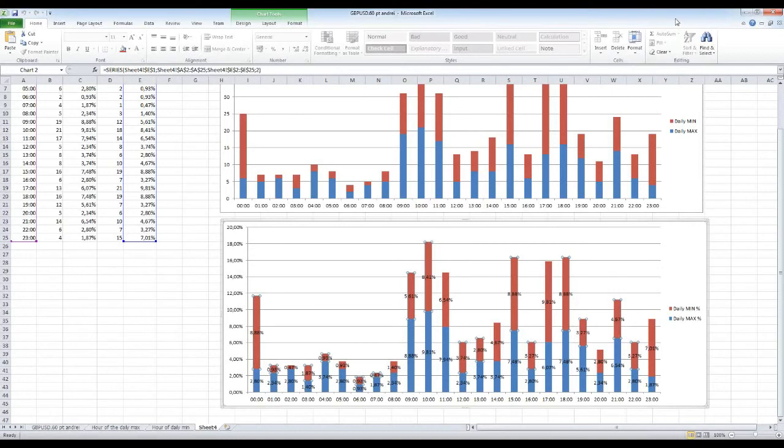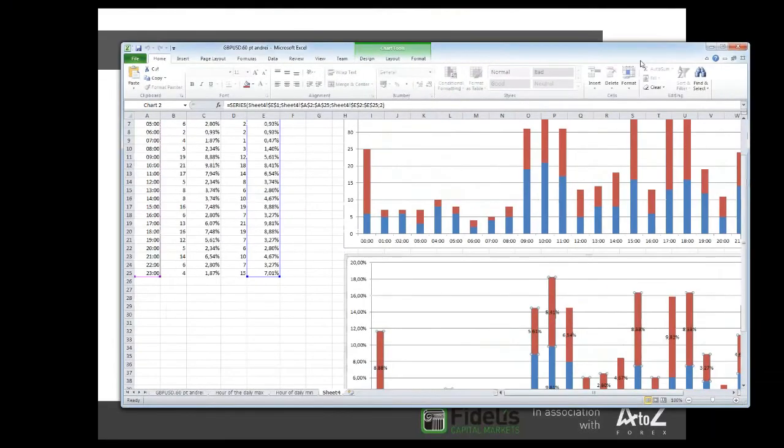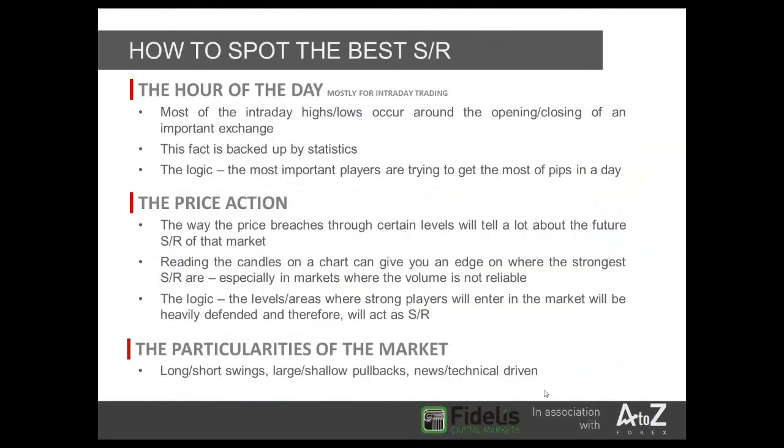There are a lot more analyses like this which will help you. It also shows how much the market is evolving. If you were to show this to me in 2005 or 2006, this number would have been much different.